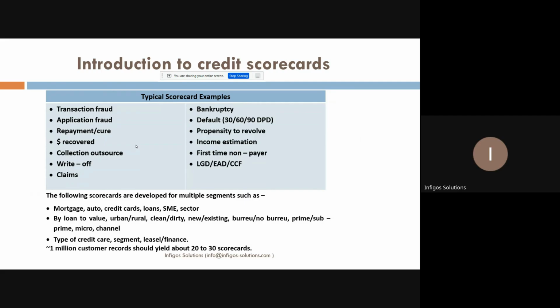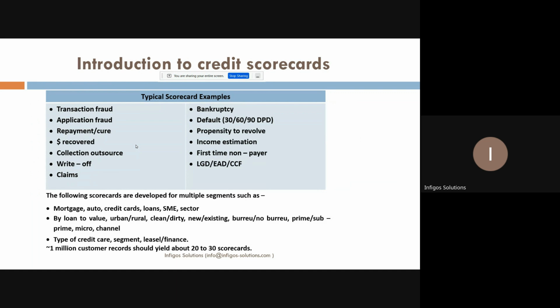My experience is mainly in credit risk. Credit risk means Basel and IFRS 9, and scorecards are part of both Basel and IFRS 9. So those kinds of scorecards I have built. Other than that, I'm also an entrepreneur.